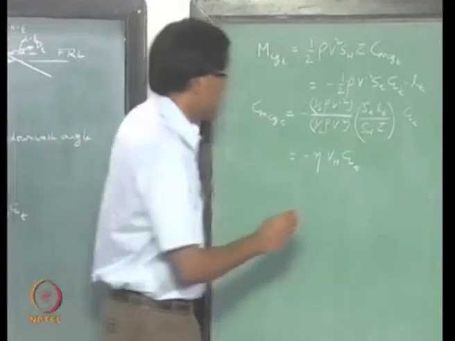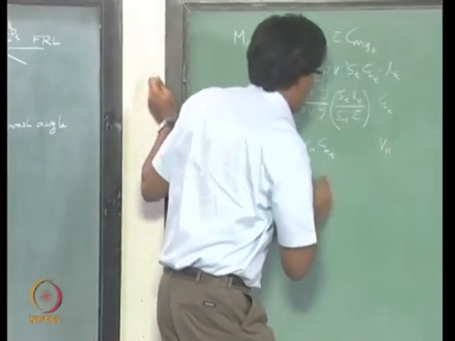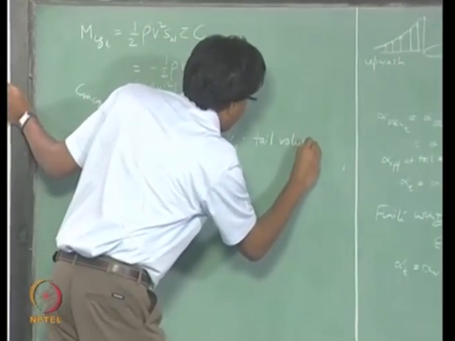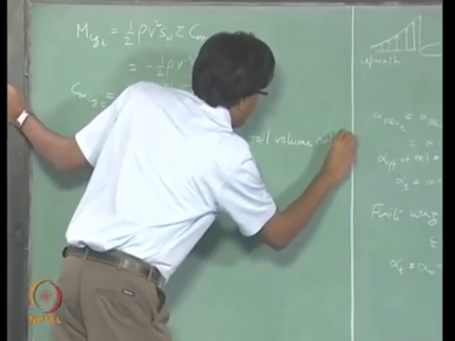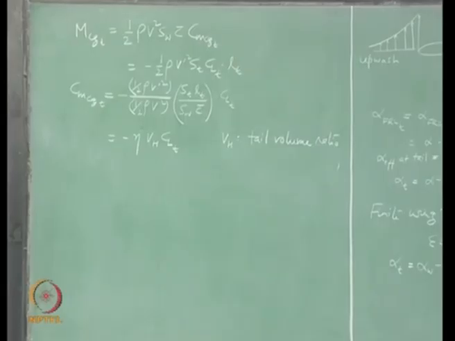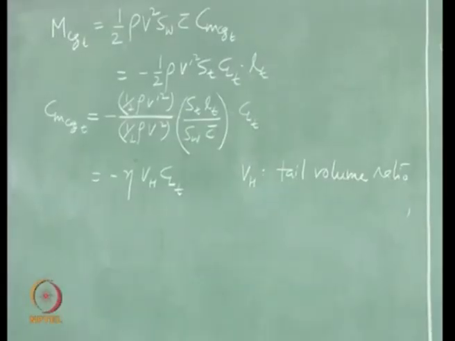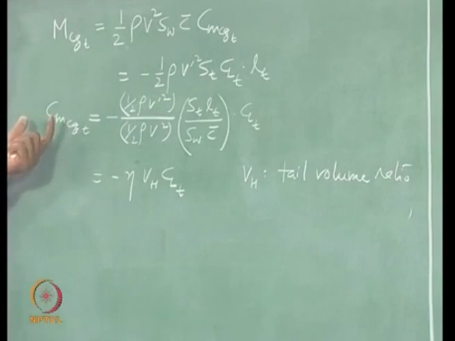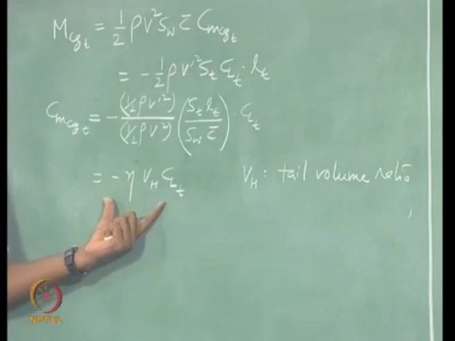Right. This VH is called the tail volume ratio, right. What do you want to find? You want to find out Cm naught due to tail, right, and Cm alpha due to tail, right. Finally, we have arrived at an expression which is the CmCg due to tail, and that is equal to this, right.